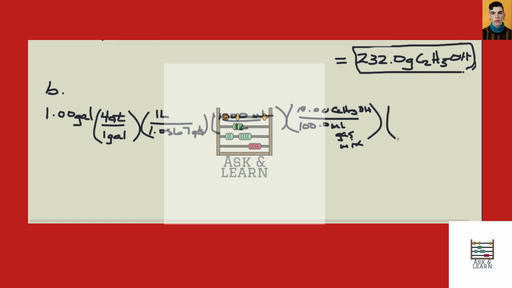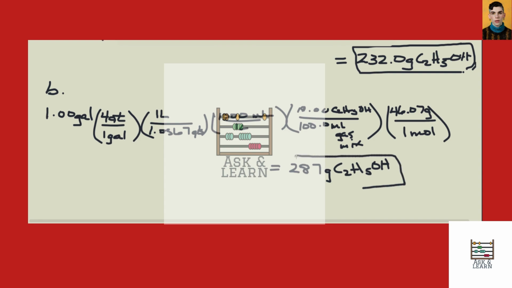And the molar mass of ethanol is 46.07 grams. And that is going to equal 287 grams of ethanol required to make 1 gallon of the gasoline ethanol mixture.